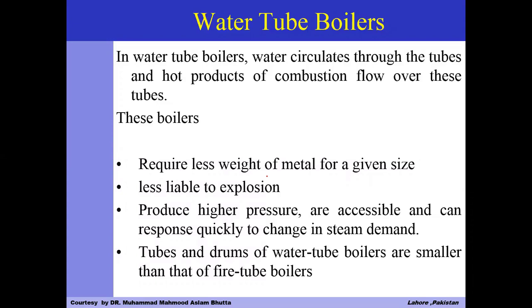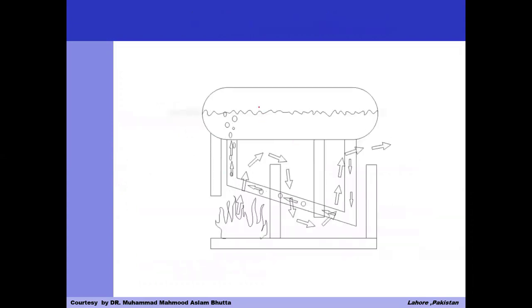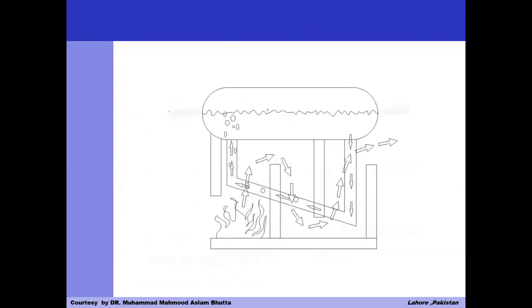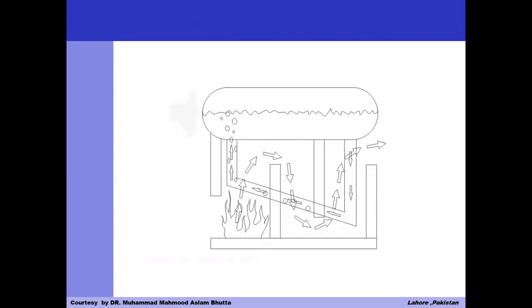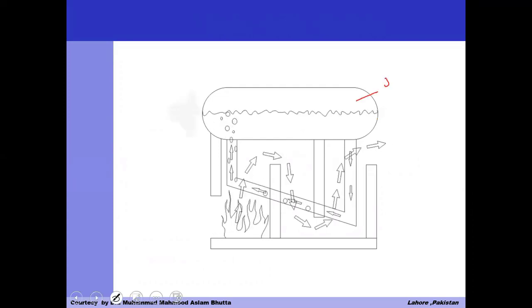Let us discuss the working principle of the water tube boiler. You can see the animation. There are basically two drums in the water tube boiler: the upper drum and the lower drum. The upper drum is also called the steam drum, while the lower drum is called the mud drum.